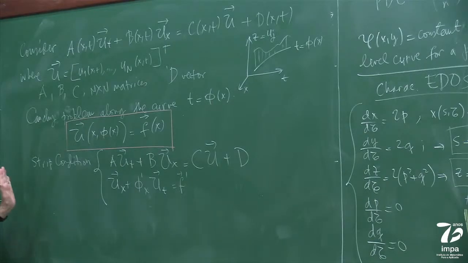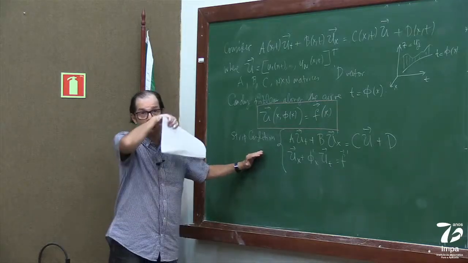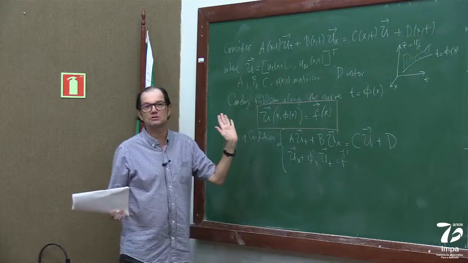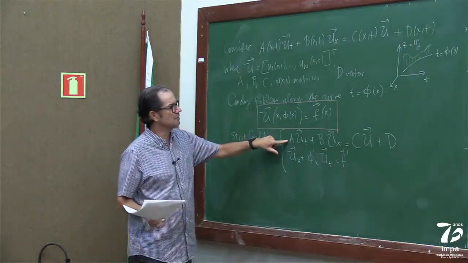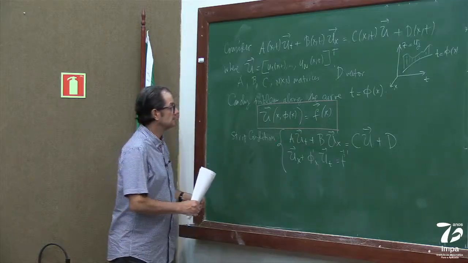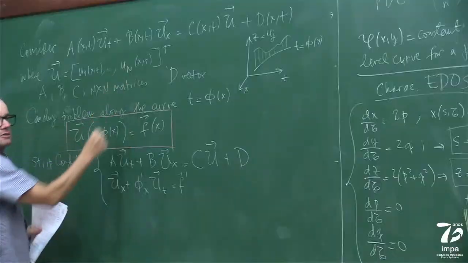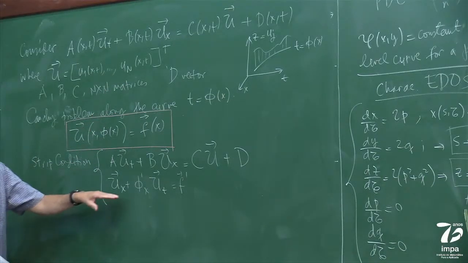Let me make sure. I don't want to get you just puzzled because of notation. And there's no new concept. This is just the initial PDE. Strip condition is the initial PDE, and which is this. I'm just omitting this, right? Of course, it's evaluated on the curve.